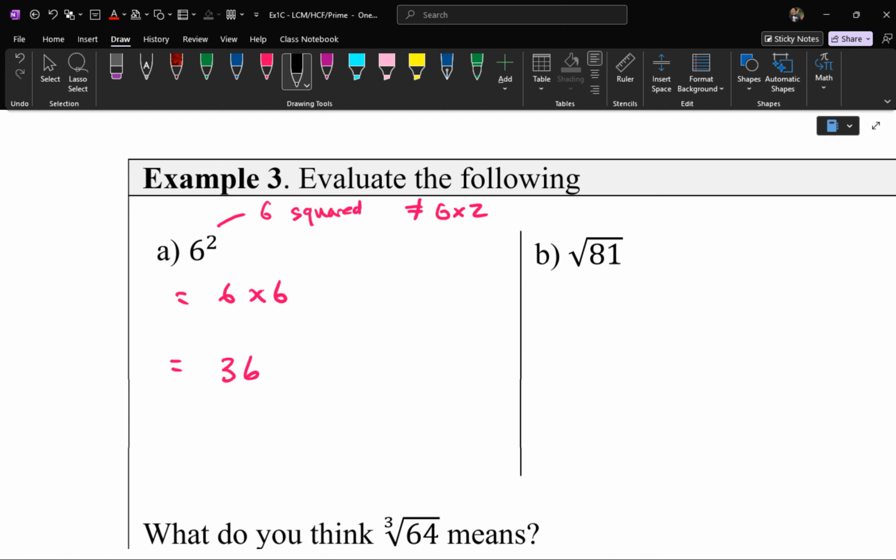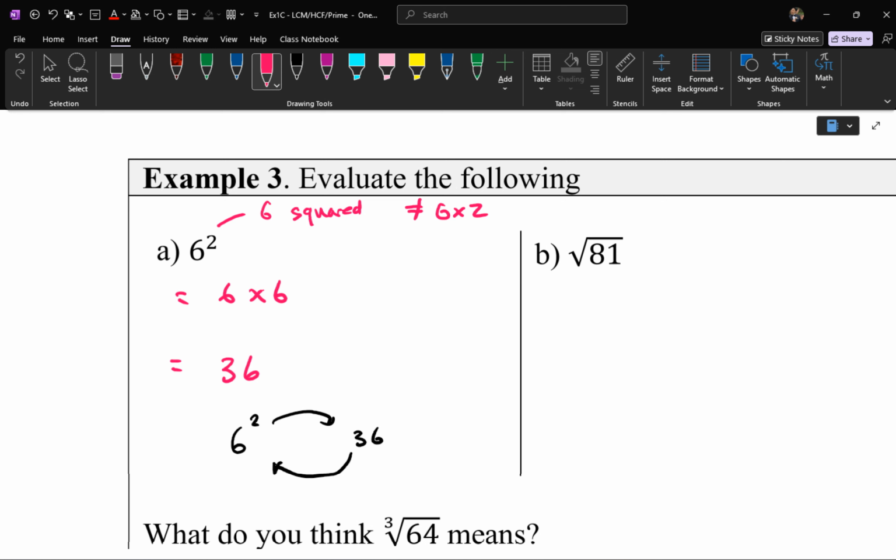Now, just like with everything that you've learned so far, if you can add, the opposite of add is subtract. If you can times, the opposite of times is divide. Then if you can square, so 6 squared gives you 36, there has to be an operation that goes backwards. What's the inverse of squaring? Square rooting. Very good.